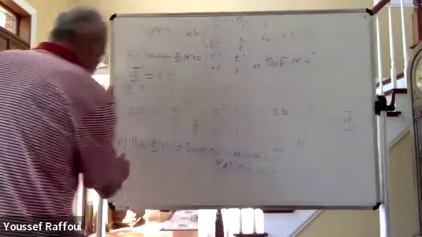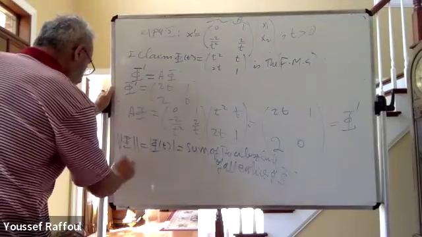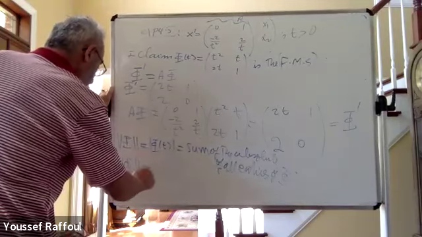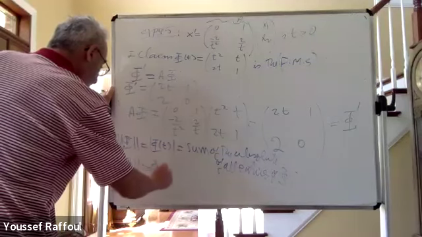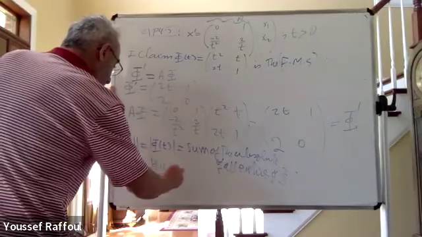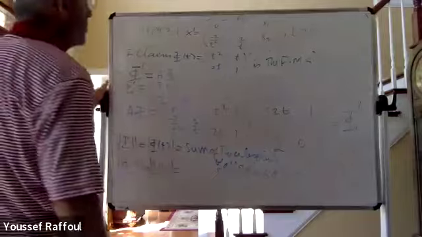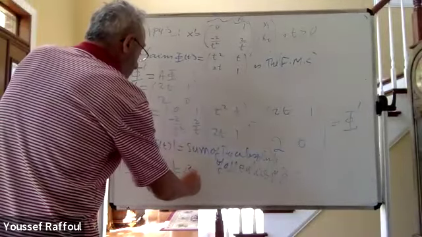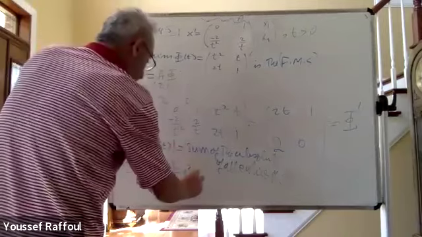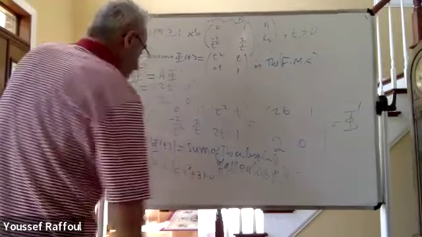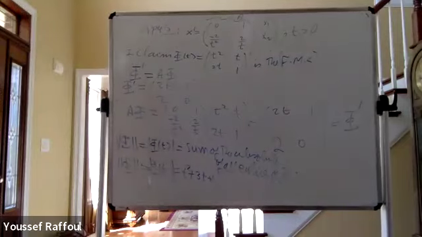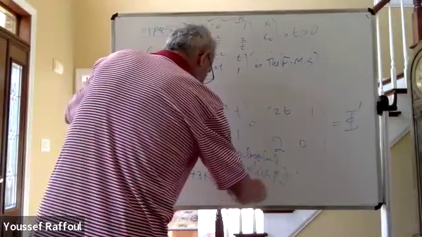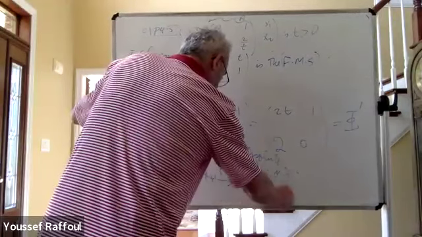So phi of t is t squared plus 3t plus 1. And that goes to infinity as t goes to infinity.